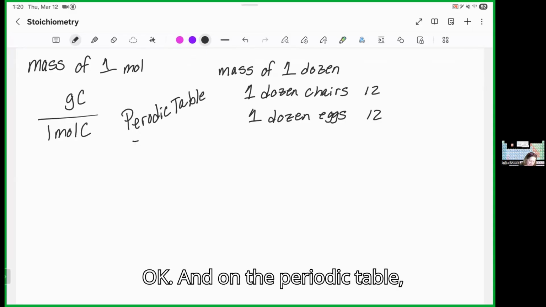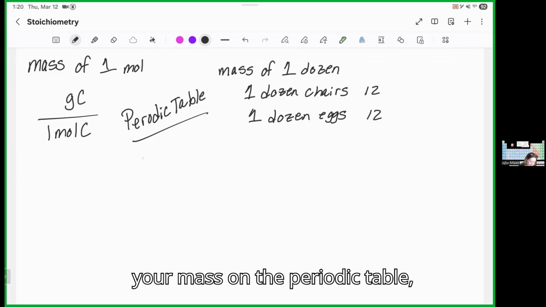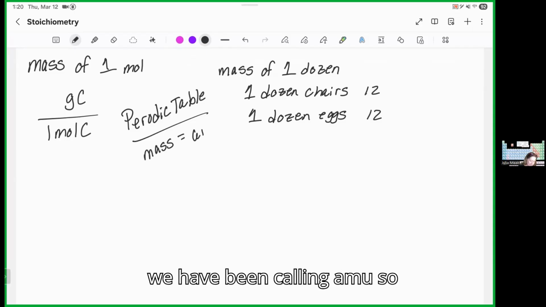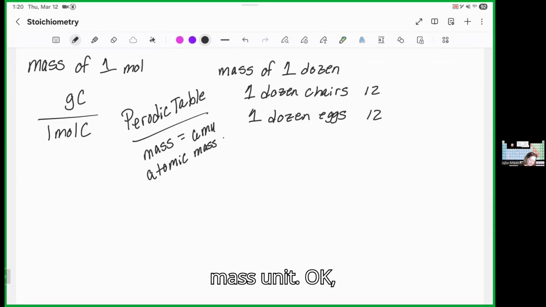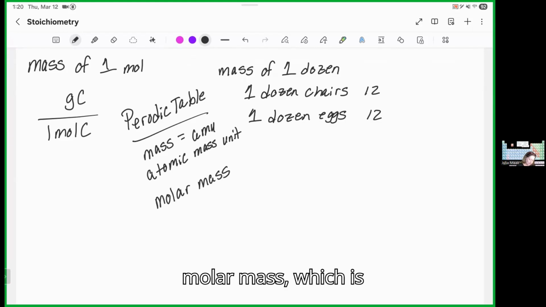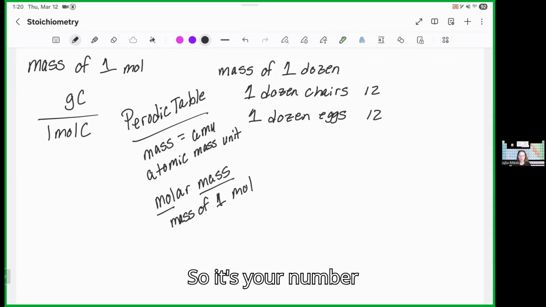Okay? And on the periodic table, the mass we have been calling AMU, atomic mass unit, so far. Well, now we are going to call that molar mass, which is the mass of 1 mole. The mass of a mole, molar mass.